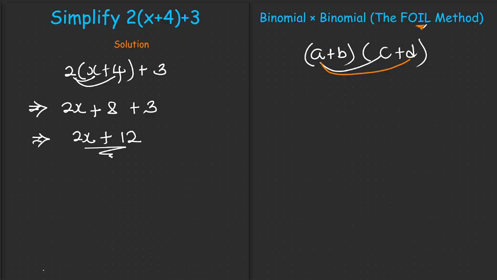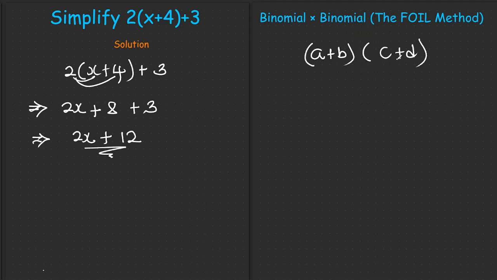That is where the I comes in. So we multiply B by C, and then lastly, you multiply the last terms in each bracket. So we multiply B by D. This is what the FOIL method says.